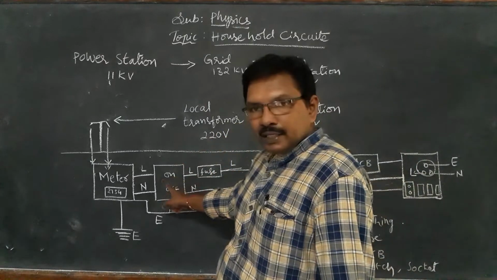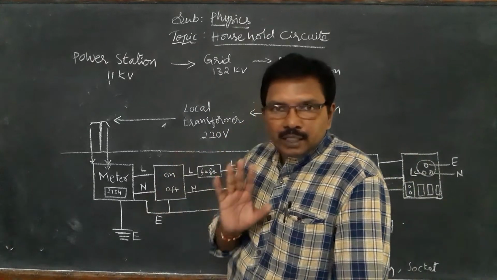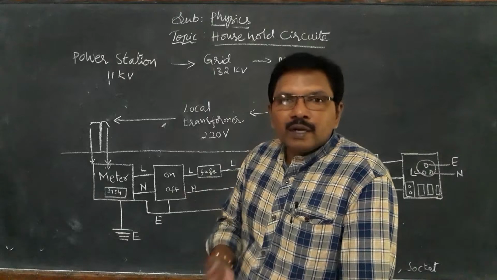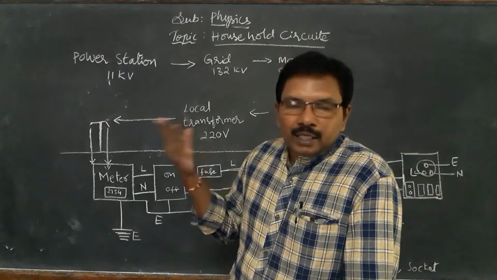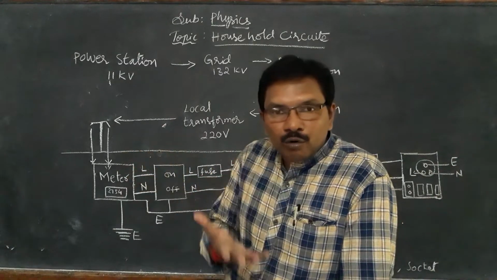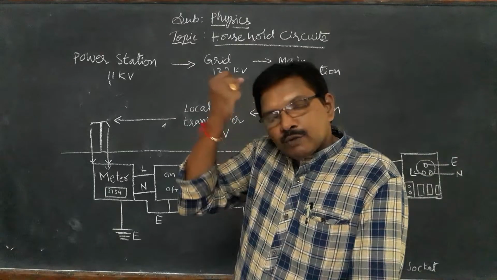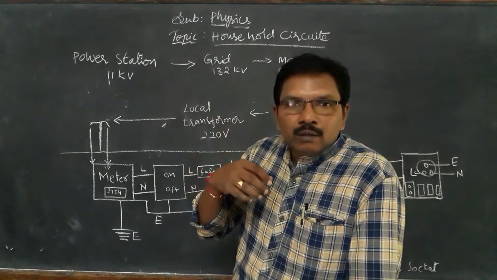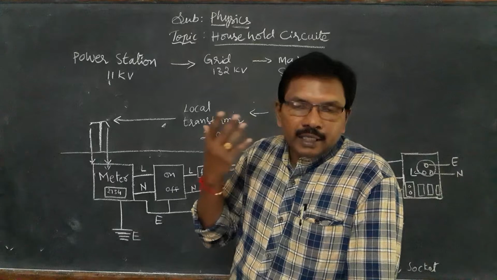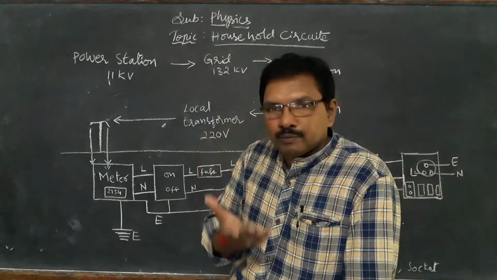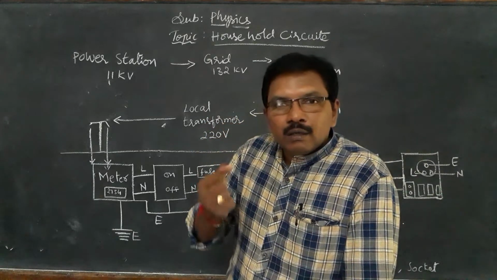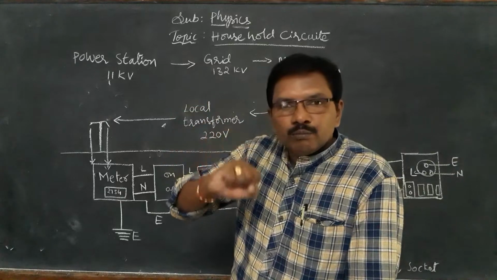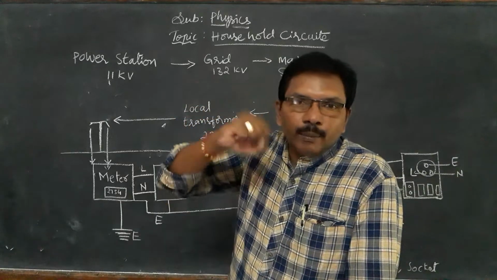If you switch off here at the main, the current will stop there only. So we may use it for different purposes. When we go out for a long time to some other places, we can stop the power distribution at the main only.